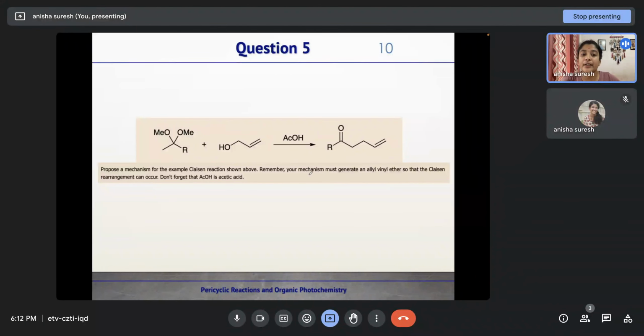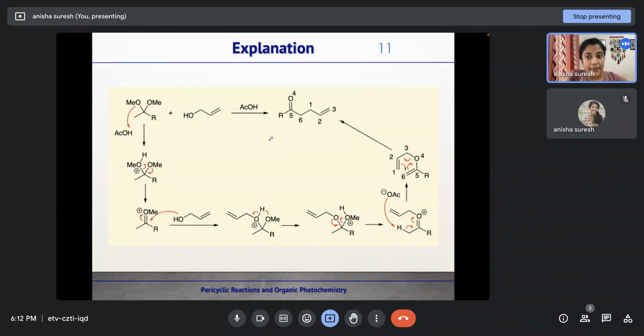They have asked, your mechanism must generate an allyl vinyl ether so the Claisen rearrangement can occur. So this is a hint. The mechanism should go through an allyl vinyl ether. So keeping in mind our starting materials and the reagent, that is acetic acid, we have to propose the mechanism.